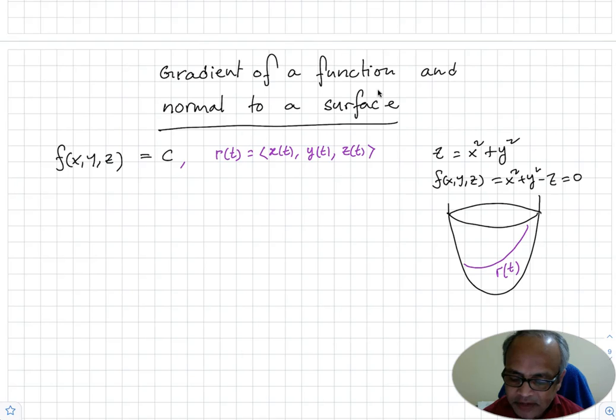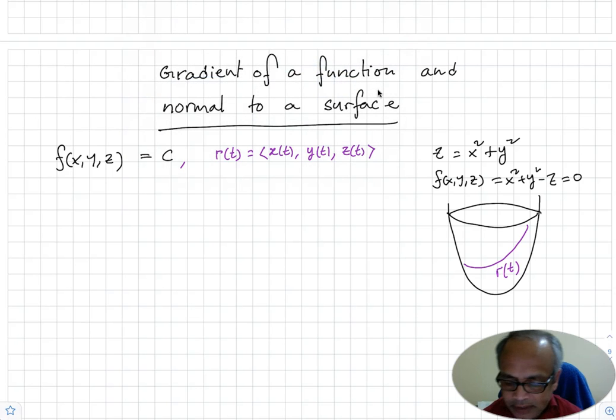So my function f is a function of x, y, z, but x is a function of t, y is a function of t, z is a function of t. So we can utilize some ideas from multivariable calculus about the total derivative.